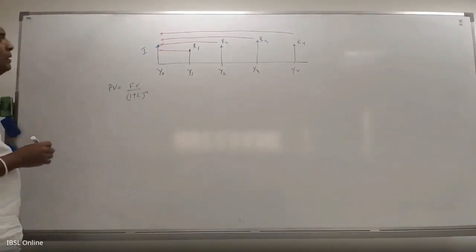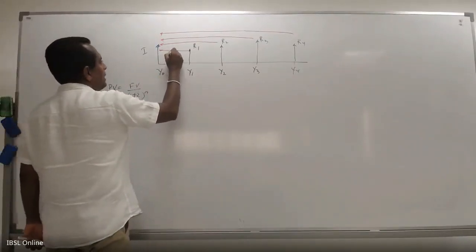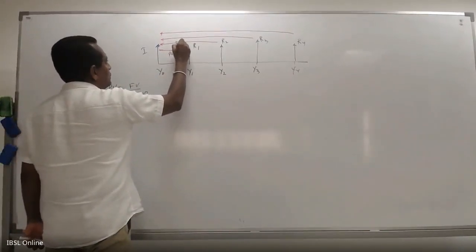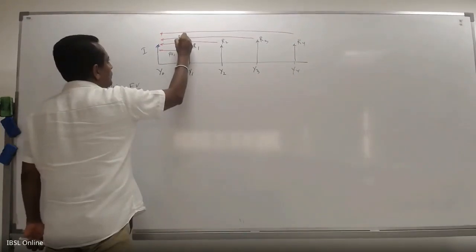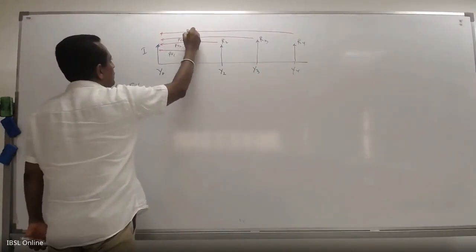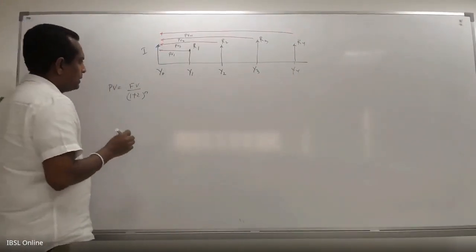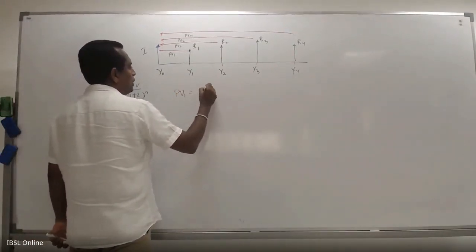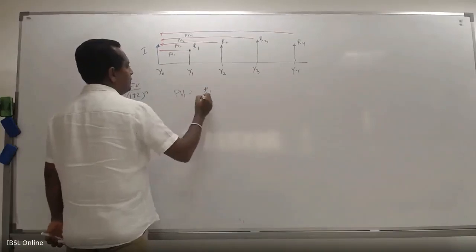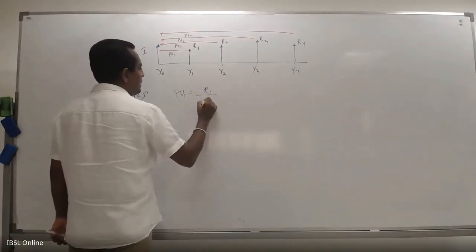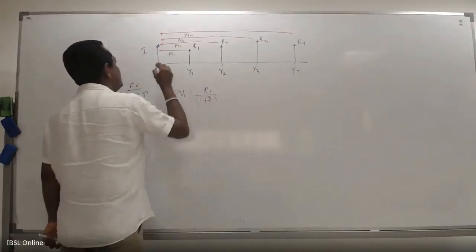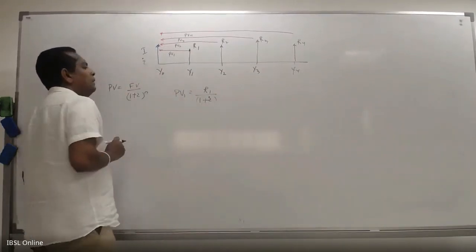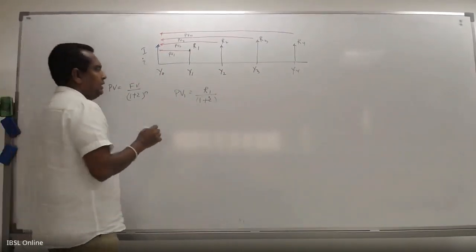So we have present value 1, present value 2, present value 3, present value 4. Present value 1 would be equal to R1 divided by 1 plus I, where I would be the interest rate applicable and n equals 1.